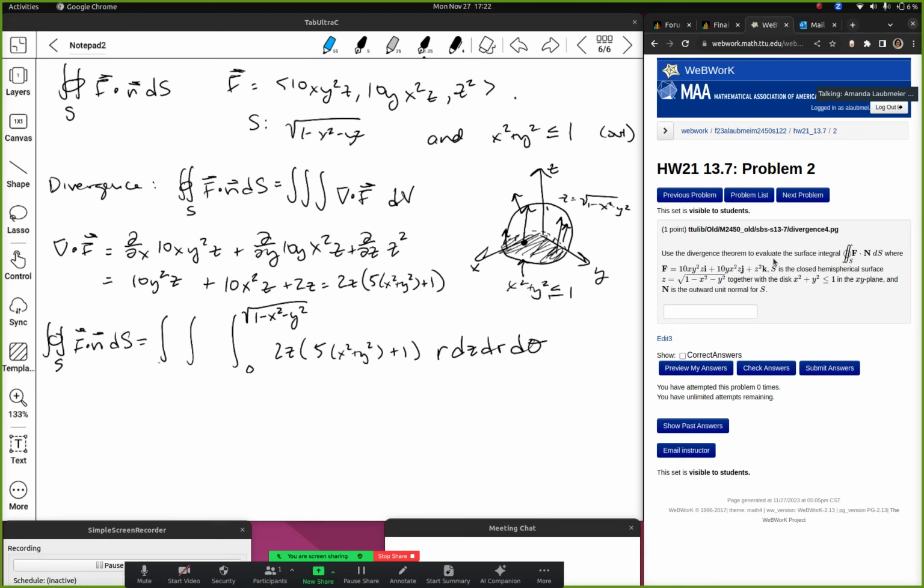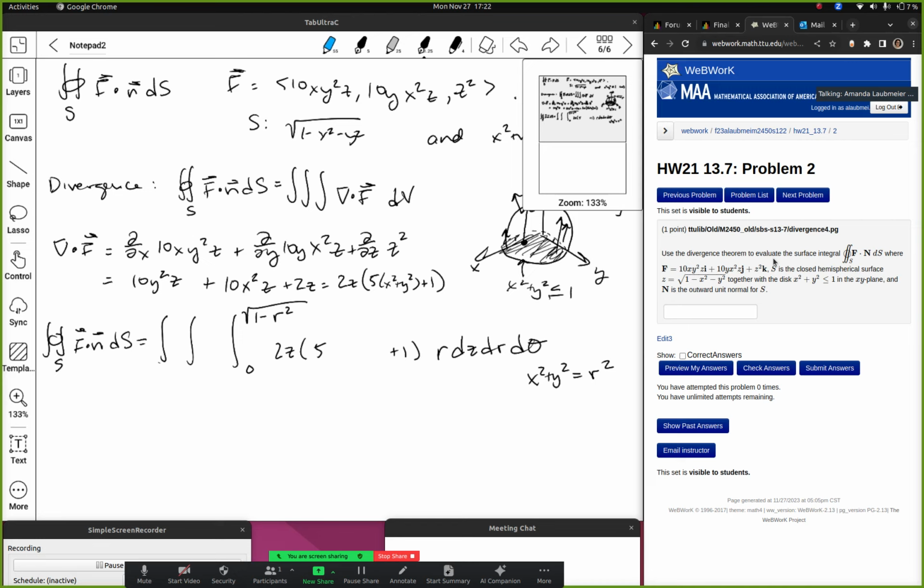But in cylindrical coordinates, I can only have things depend on r, theta, or z. So I need to remember that x squared plus y squared is r squared. So instead, my upper bound is root 1 minus r squared. And then this x squared plus y squared that I had inside my integral actually has to be converted to r squared as well.